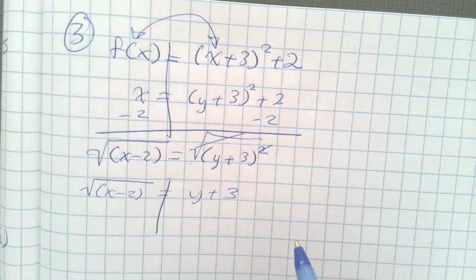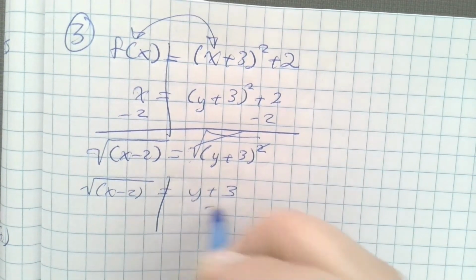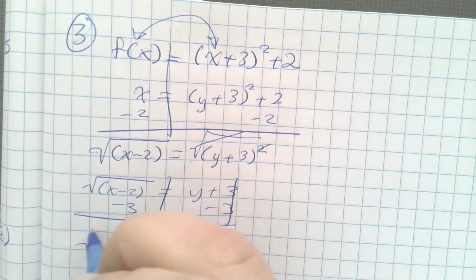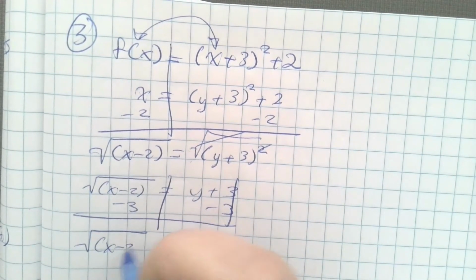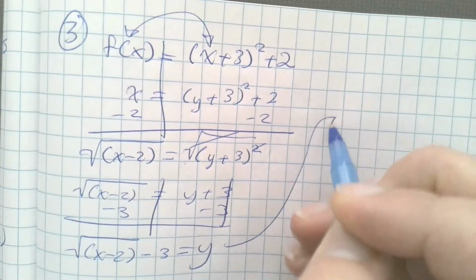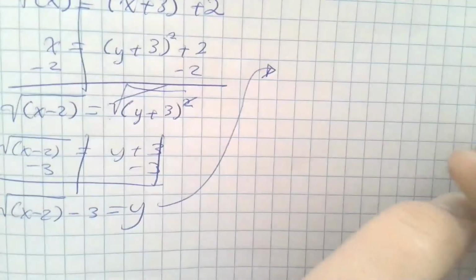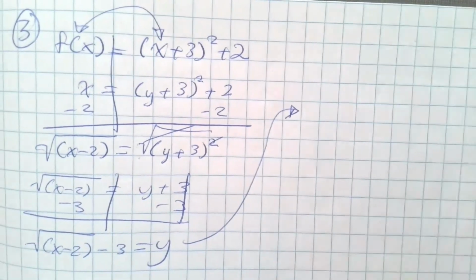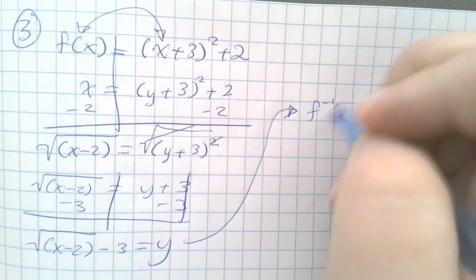Anybody? What's our next step? Minus 3, minus 3. Rewrite it. Anybody want to tell me what to write down?